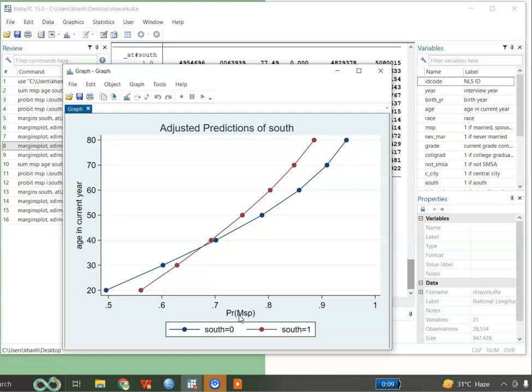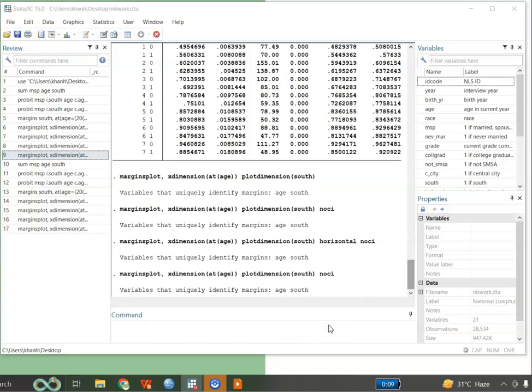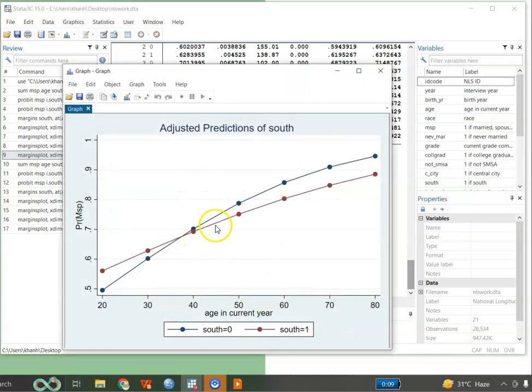But the previous one looks good, so let me change it back to the previous one, and this is much better. So age is measured along the horizontal axis and predicted probabilities are measured along the vertical axis.